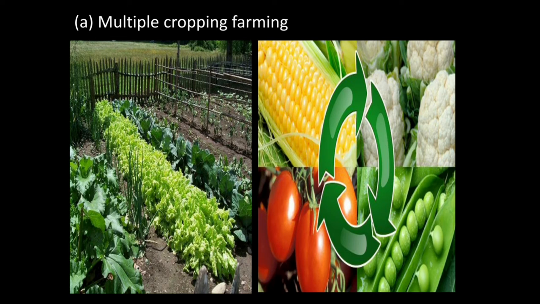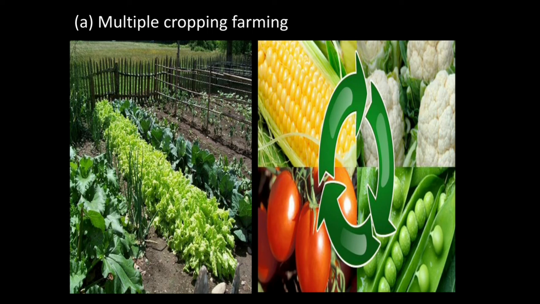Or you can practice multiple cropping in another way, which is also called crop rotation. Well, these two are not exactly synonymous, where you do not use the same patch of land for different production at a time, but you use the same patch of land for producing a variety of crops after completion of one crop. You change your crops after producing one crop, you rotate the crop.